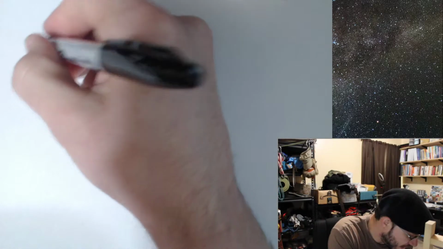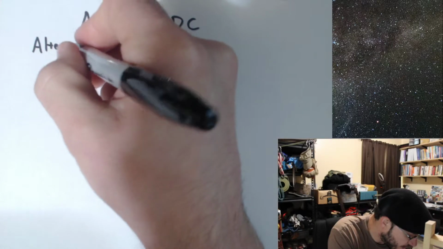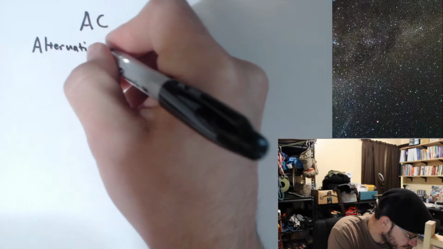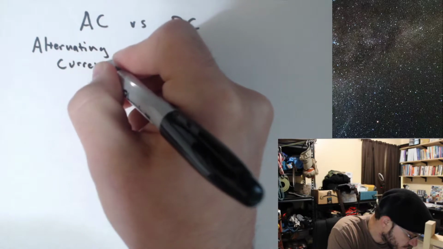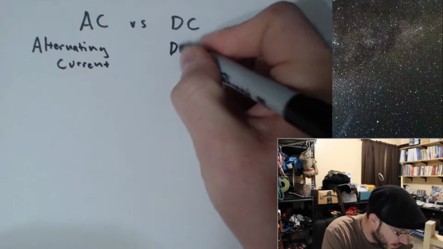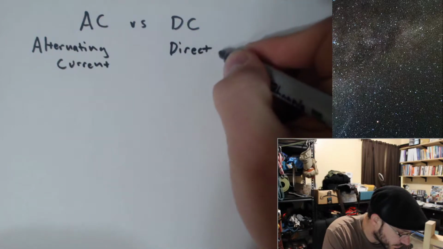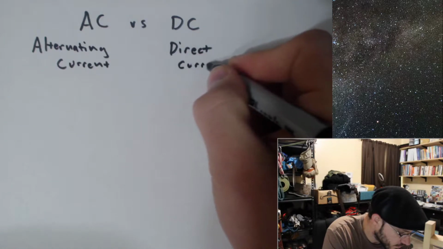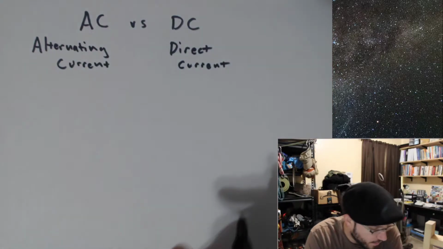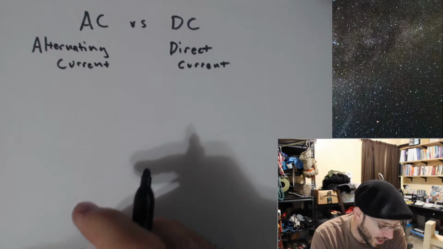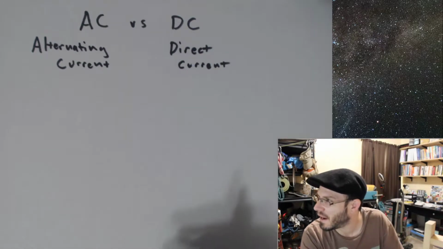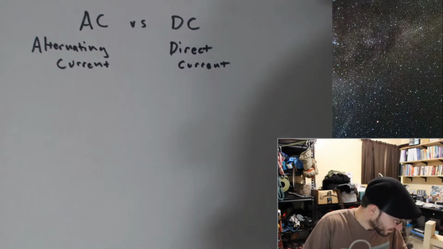So, let's go ahead and break this down into alternating current versus direct current. And this is that infamous battle between Nikola Tesla and Thomas Edison on what was going to power the country.